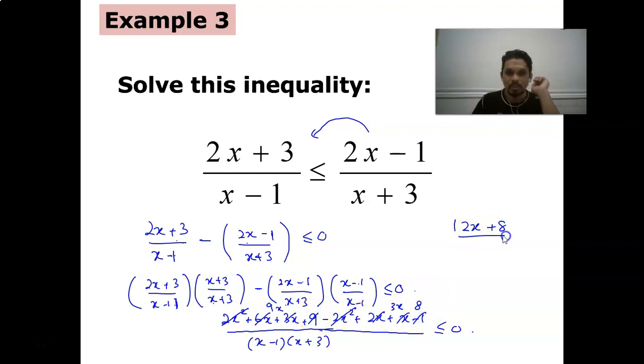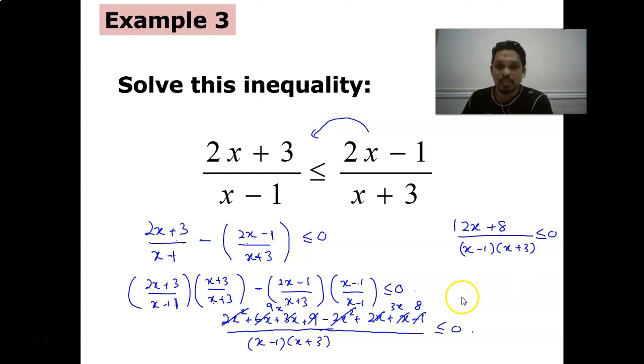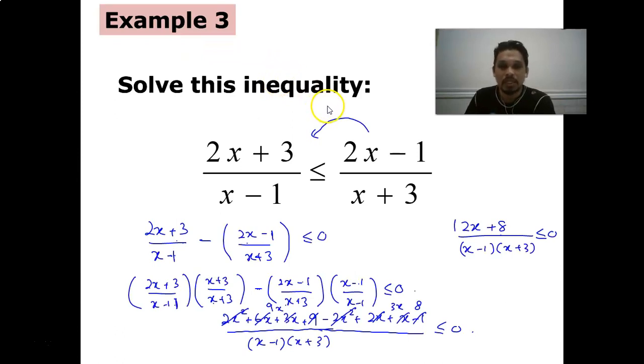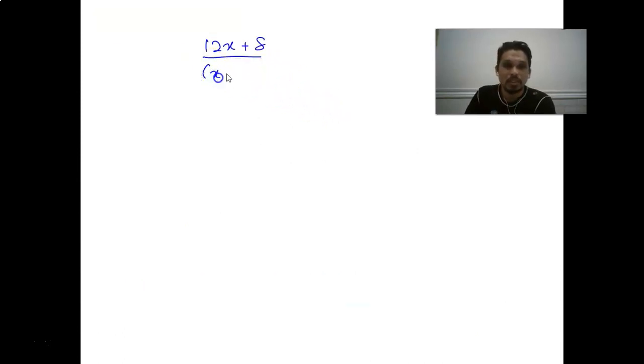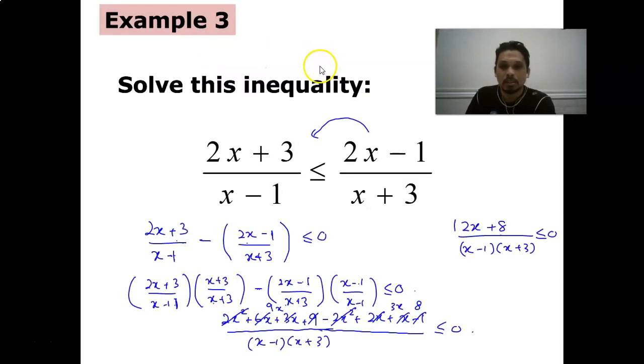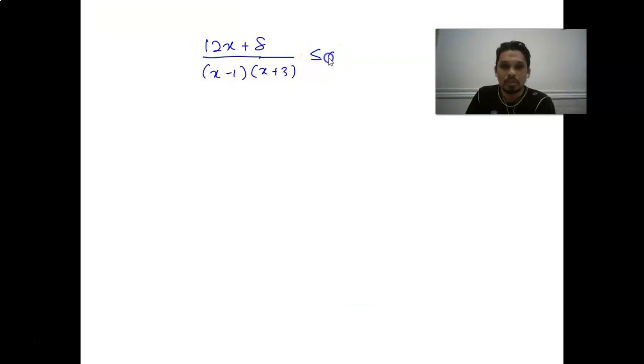So 12x plus 8 divided by (x - 1)(x + 3), less than or equal to 0. Okay.